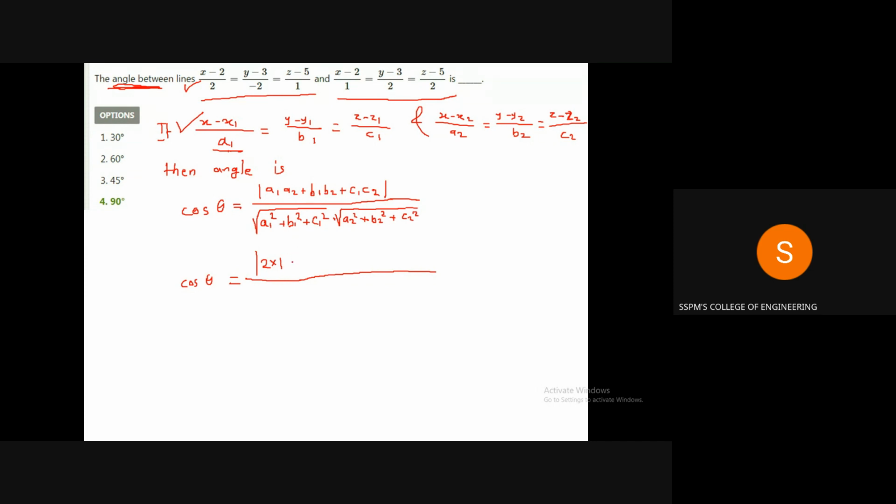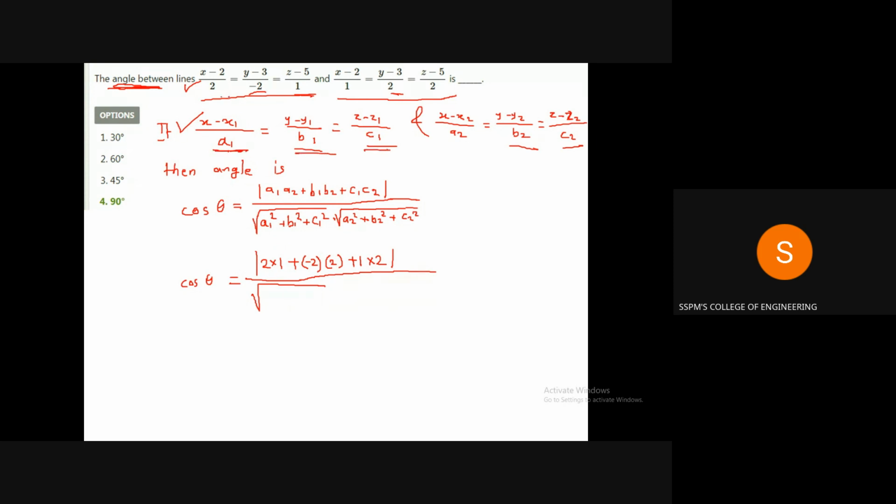Plus b1 into b2, so b1 and b2 are minus 2 and 2, so the multiplication of minus 2 and 2, plus c1 c2, that is 1 into 2, mod complete, okay. In the denominator we have a1 square plus b1 square plus c1 square, all these three values.